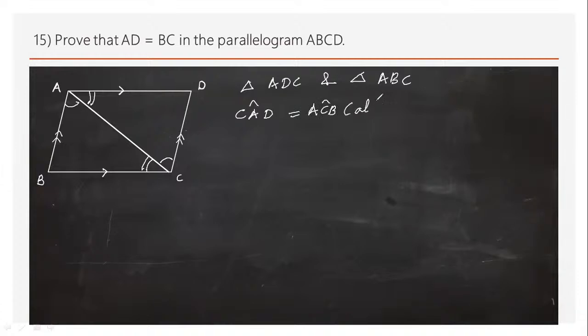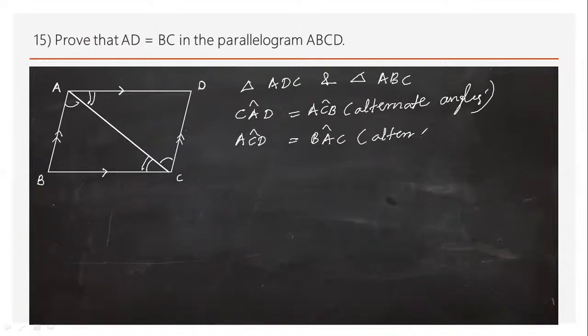Reason: alternate angles. So one ring one, ACD and BAC. That is also alternate angles.